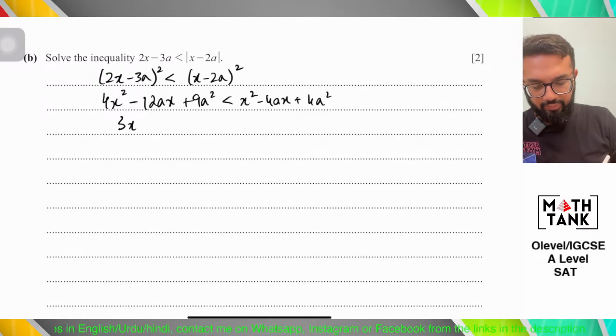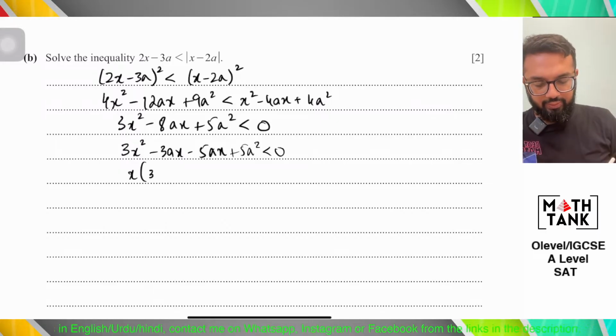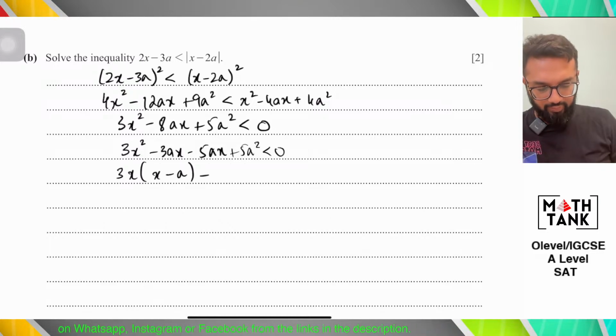So 3x squared minus 8ax plus 5a squared. I have to factorize this. 3 into 5 is 15. The factors have to be 3ax and 5ax. So 3x, x minus a, minus 5a.